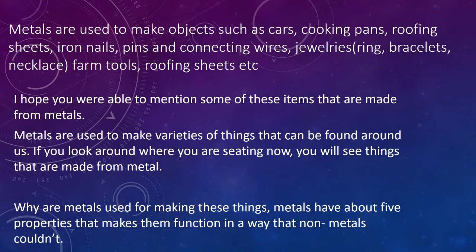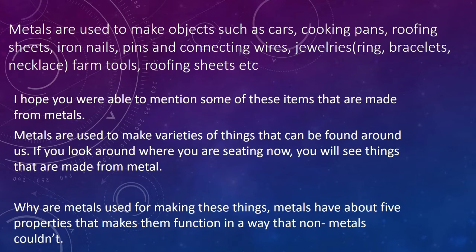Metals are used to make objects such as cars, cooking utensils, roofing sheets, iron nails, pins and connecting wires, jewelry such as rings, bracelets, necklaces, farm tools, roofing sheets, etc. I hope you were able to mention some of these items that are made from metals.